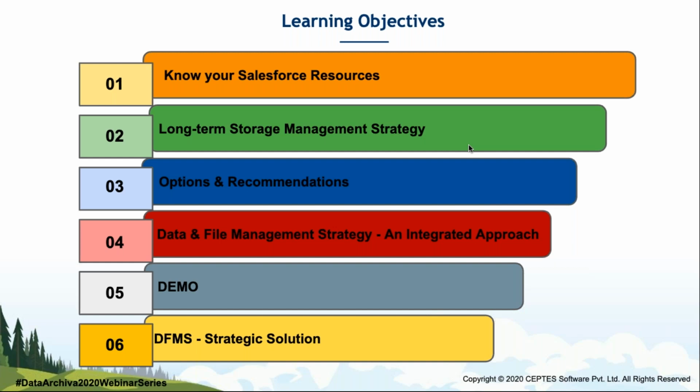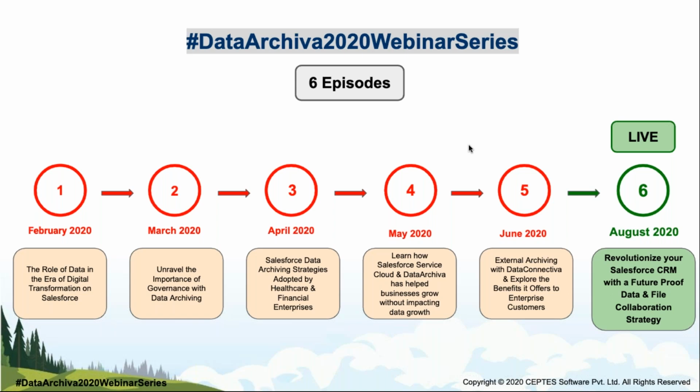So let's get started. As I said, this is the series 6 of the webinar. We started this journey in February 2020 with digital transformation of Salesforce as the start of the series. And then we went ahead with governance. We covered specific industries, use cases.